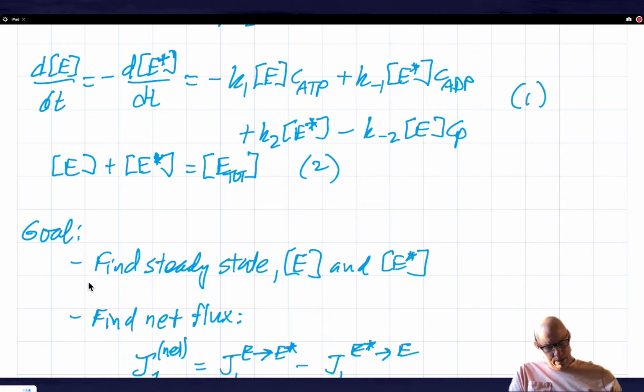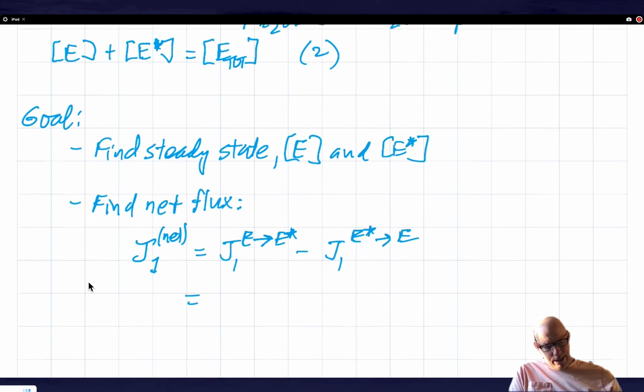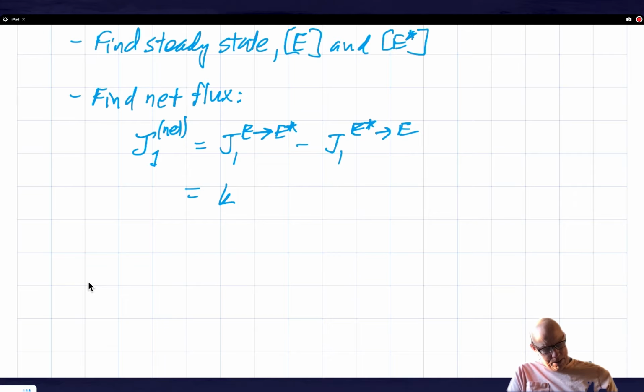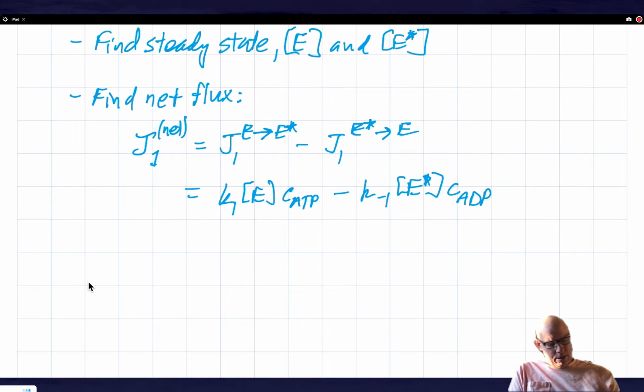So the right pointing one is going to be K1 E times C ATP, and this one is going to be K minus 1 and then E star C ADP. So I want to compute the net flux.